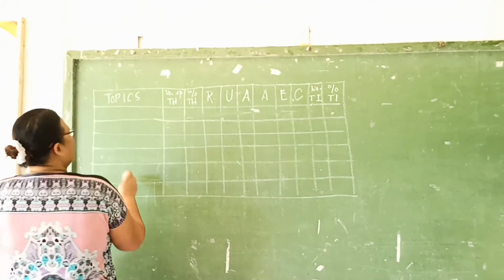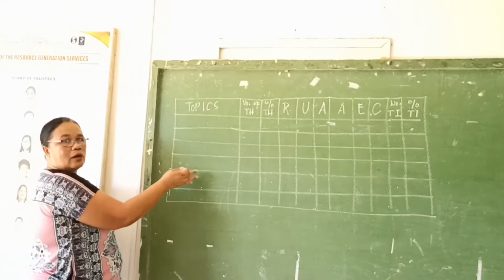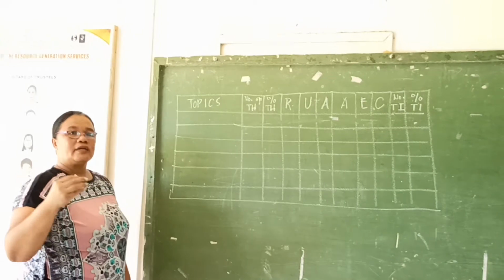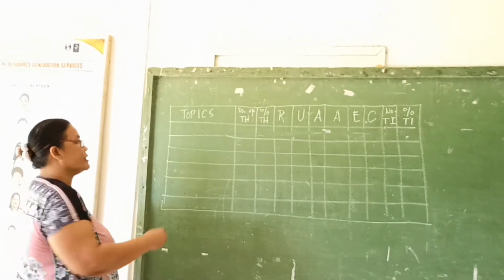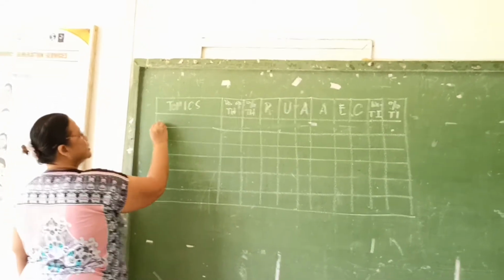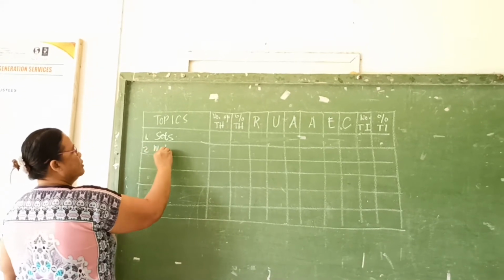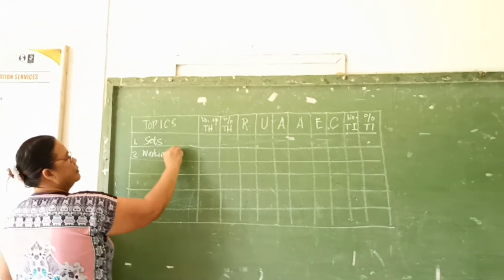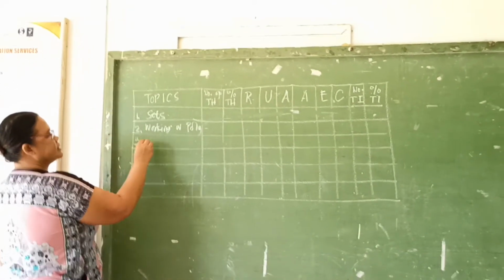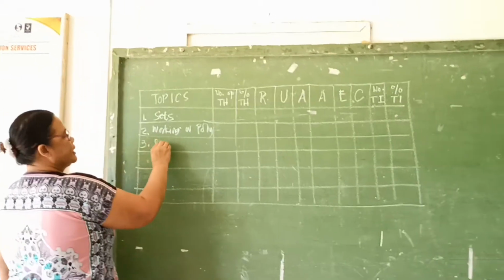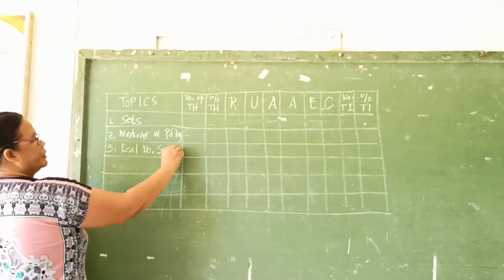Okay. So in this first column, you must list down the chapters that you are including in your test or that you have finished discussing with your students. So in Math 101, I have finished sets, working with polynomials, and then the third chapter, real number system, which includes the properties of real numbers.